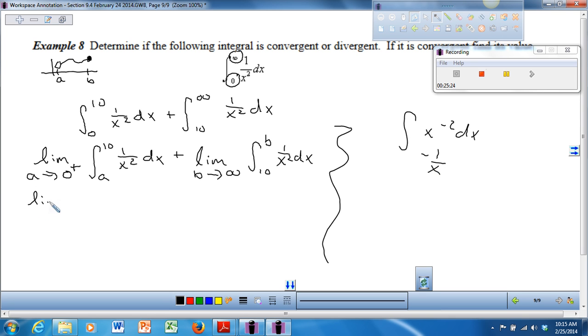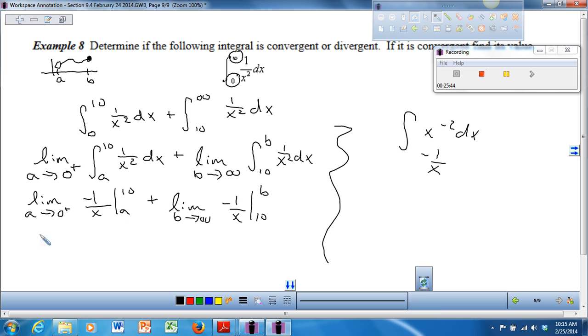All right, limit as a approaches 0 from the right of negative 1 over x evaluated between a and 10, plus the limit as b approaches infinity of negative 1 over x from 10 to b.